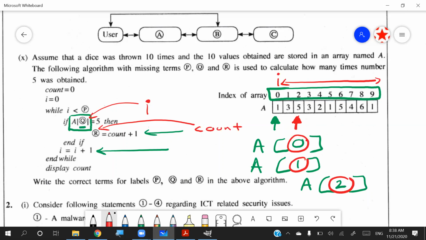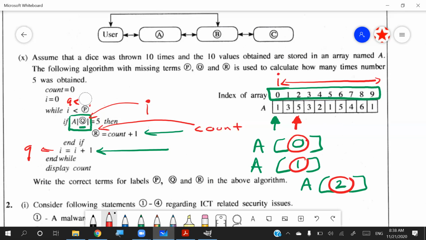So P should be a less-than bound, so we have to consider whether it is 9 or 10. I starts from 0, and when I is 9, the check happens there too. So if I less than 9, and P is 9, then 9 less than 9 is false, so the element at position 9 will not be considered.